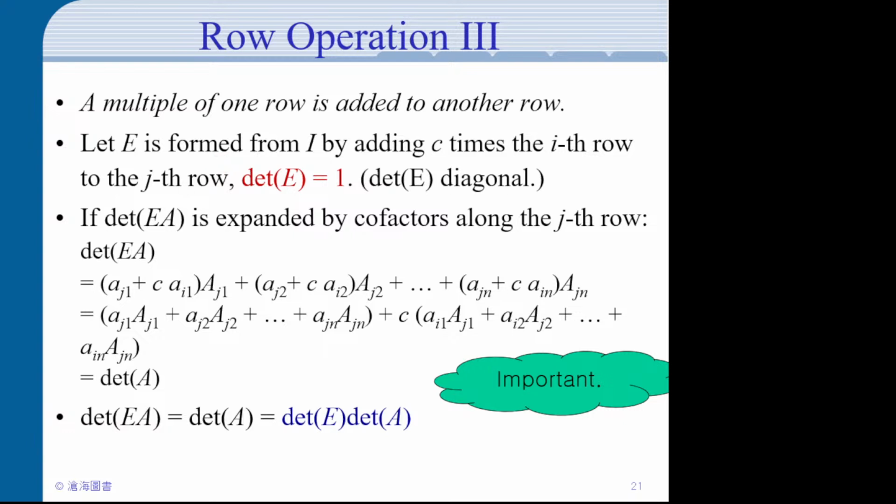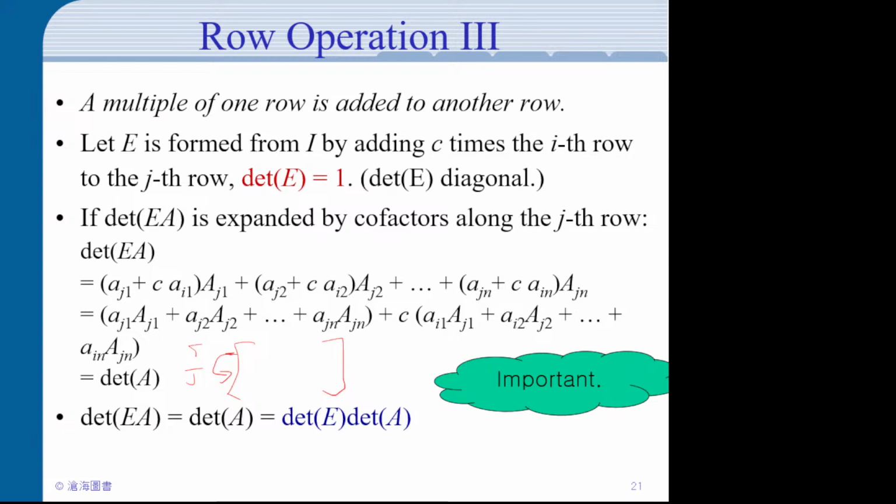Okay, so let's draw something here. We have row I0 here, and we add C times row I to row J. So it's like C·AI plus AJ.